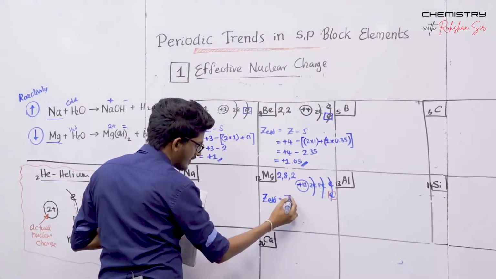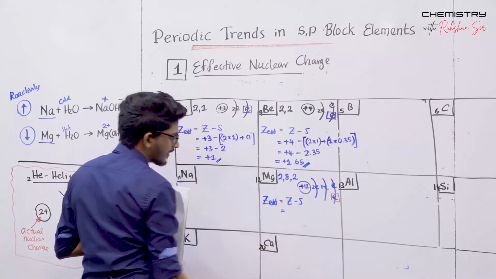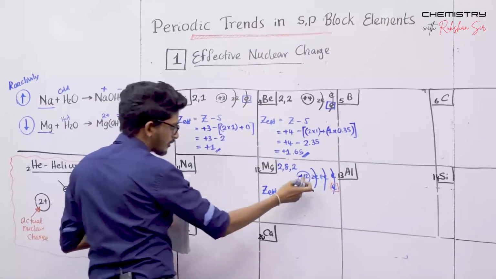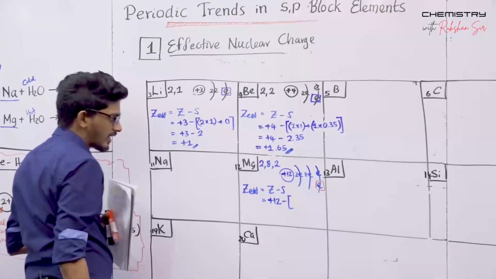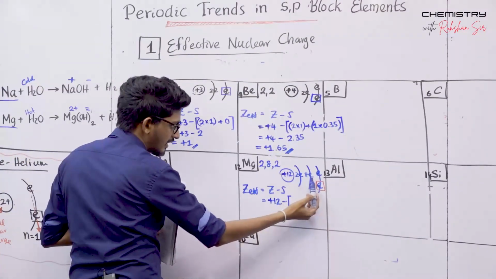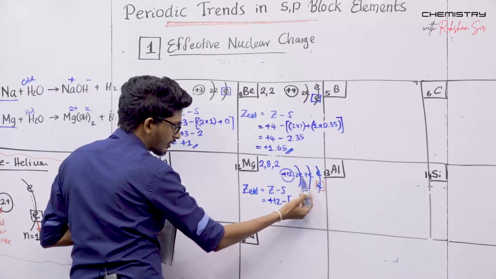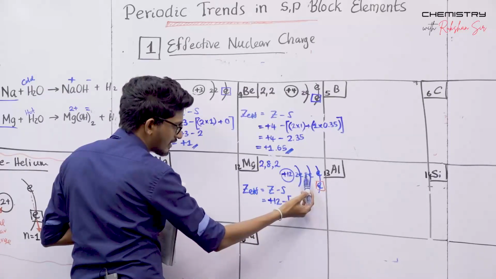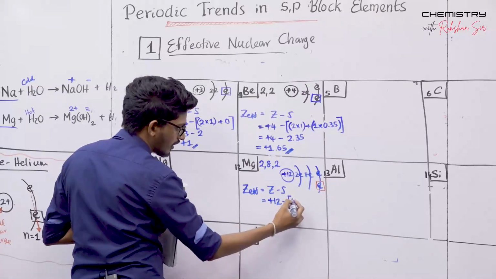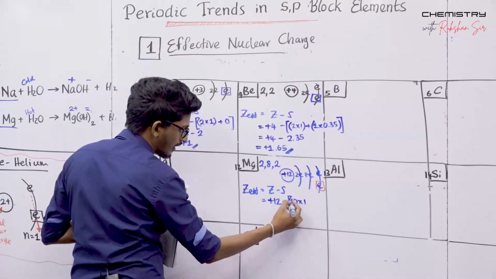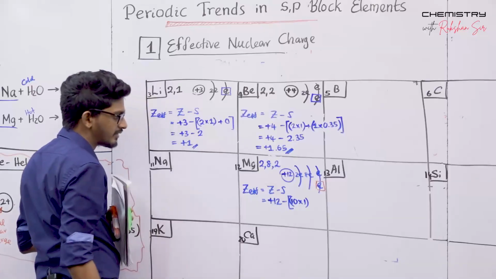Zeff is Z minus S. The Z value is +12. For the shielding effect, you have 10 inner electrons, 2 plus 8, 10 electrons. These 10 are inner electrons, so 10 into 1, since an inner electron contributes 1 unit to the shielding.